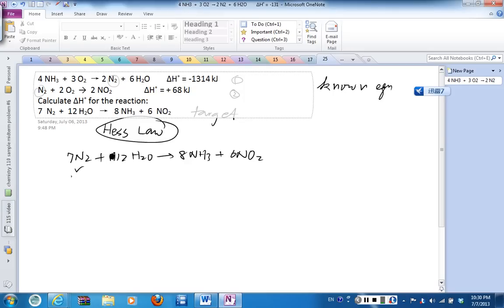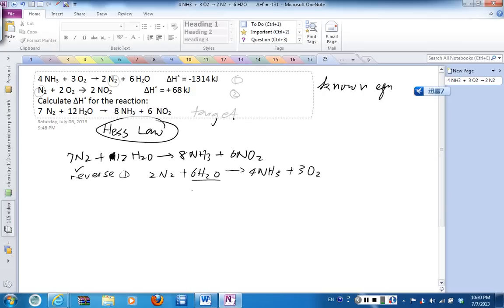What if we reverse the known equation 1? Then we would have 4 NH3 plus 6 water produce 4 ammonia and 3 oxygen. It still doesn't match, but at least right now, after the reverse, water is on the reactant side.